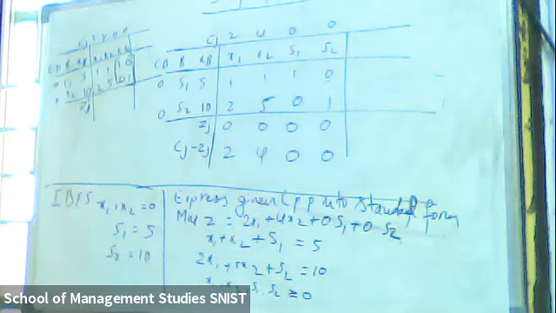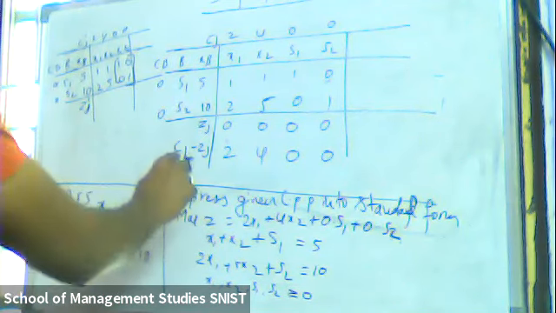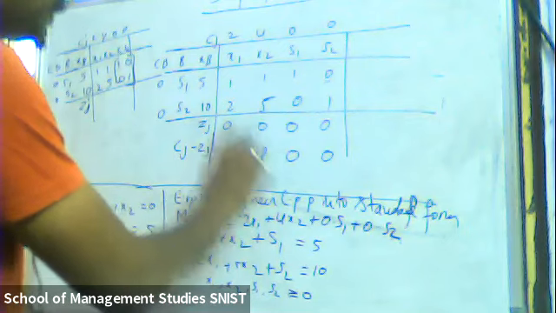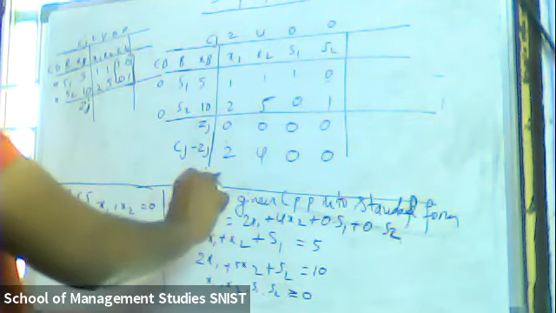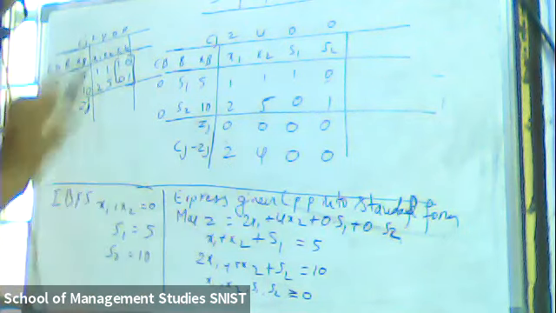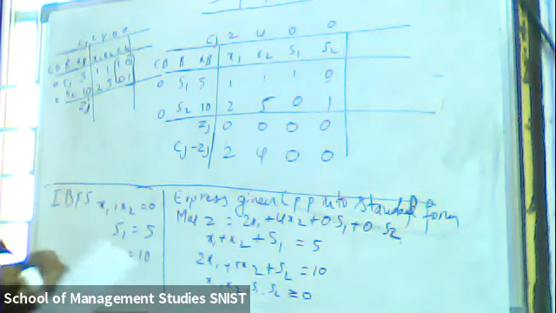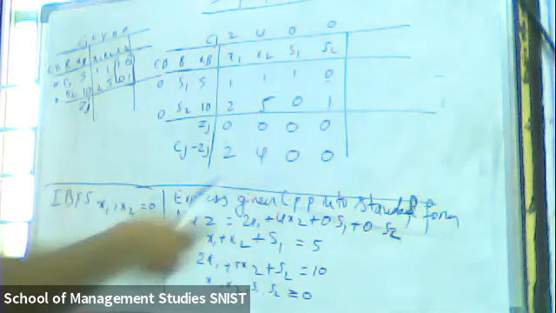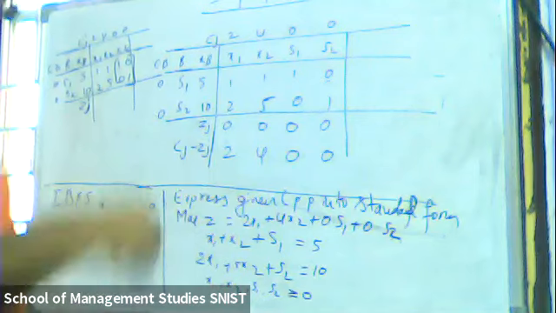Now remember, in the simplex method, we stop the procedure when the Cj minus Zj values are either 0 or negative, when it is optimal. Either 0 or negative value.